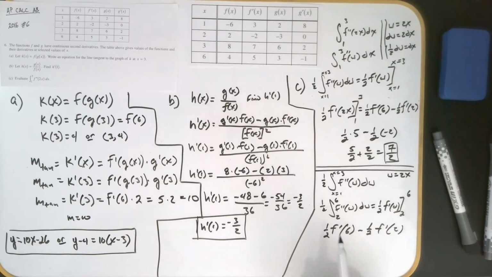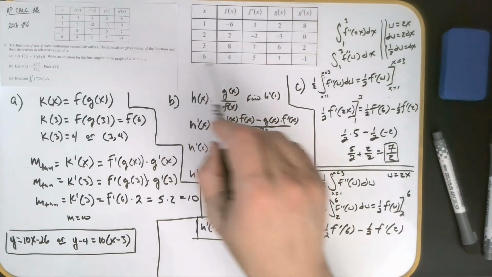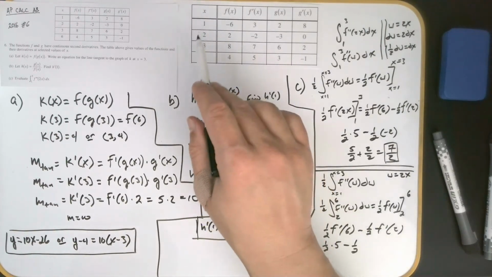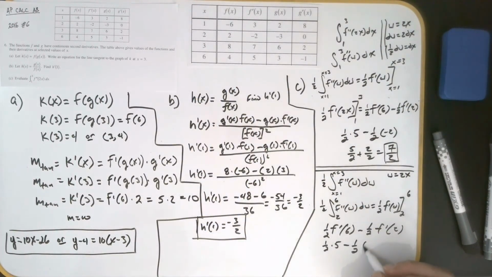You go to the chart, f prime of 6 is again 5, so we get half of 5 minus 1/2 of f prime of 2. F prime of 2 was negative 2. A negative 2 here, so we get 5 over 2 plus 1, or 2 over 2, and you get 7 halves that way as well.